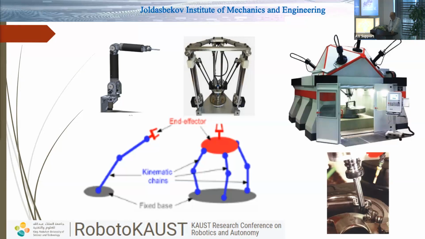Usually, you know, anthropomorphic robots have open loop construction, but if you want to increase the rigidity, the stiffness of the system, it's preferable to use parallel type robots, so-called closed loop kinematical chains, and such structures are used successfully in machining robots, for machining of details in machinery and other fields.